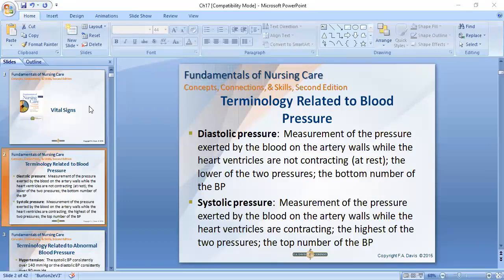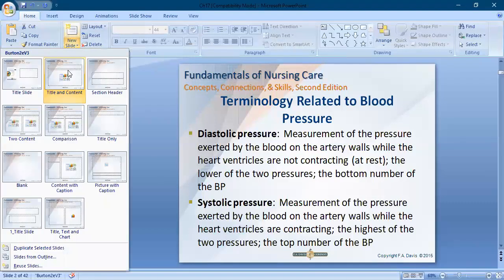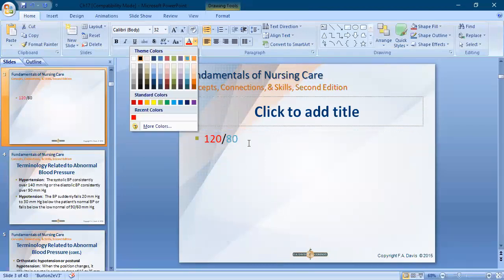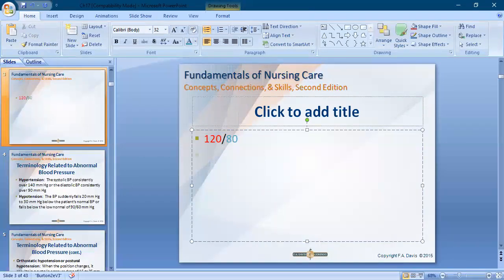I'm just going through this so it will be easy for us to understand. Suppose 120 over 80, right? This 120 is the systolic and this 80 is the diastolic, right?